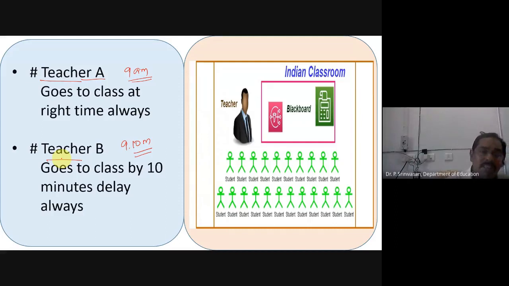You have read objectivity, reliability, validity, like that. In that way, I'm asking. Teacher A is punctual, that is correct. Answer with respect to the characteristics of a question. Yes? Anyone?